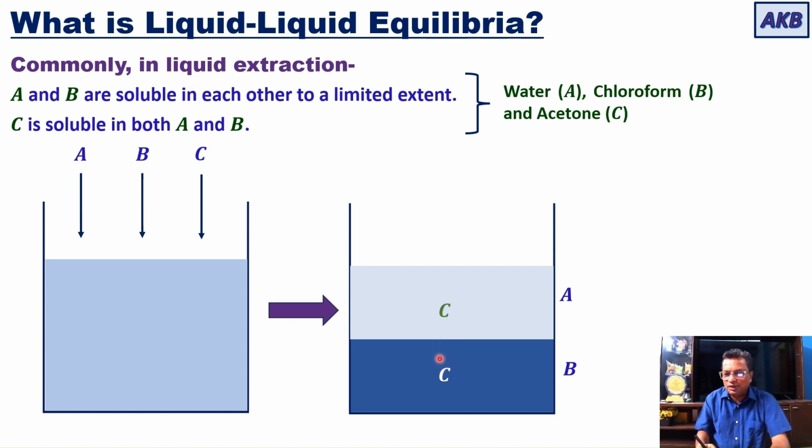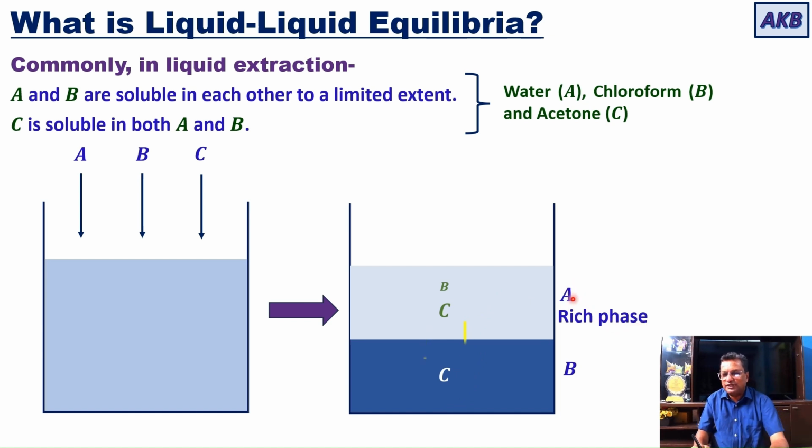In this particular case, since A and B are soluble in each other to a limited extent, this phase, liquid A, will also contain a little amount of B in it, and the phase will be the A-rich phase.